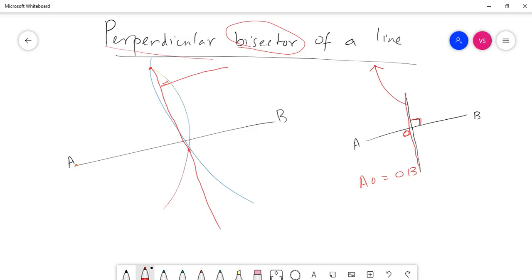Take any radius more than half of the length, keep your compass here, draw an arc. With the same radius, come to B and draw another arc. They will meet at 2 points. Connect these 2 points and draw a line. So this red line is called perpendicular bisector of this line AB. Now this is the idea we will be using to do this problem.